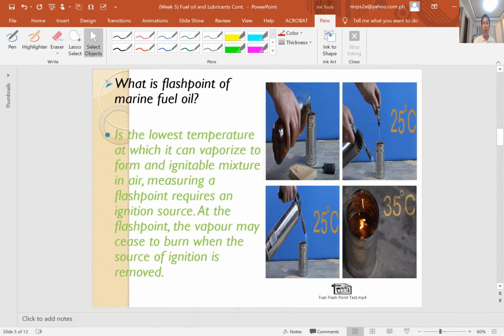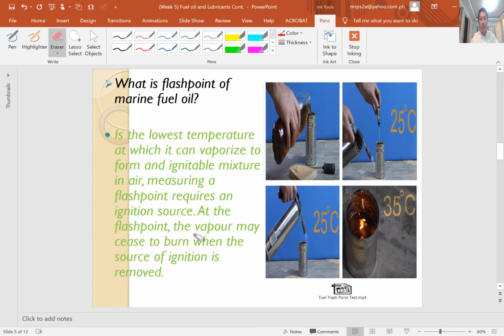So here we have the flash point. What is flash point of marine fuel? It's the lowest temperature at which it can vaporize to form an ignitable mixture in air. Measuring a flash point requires an ignition source.